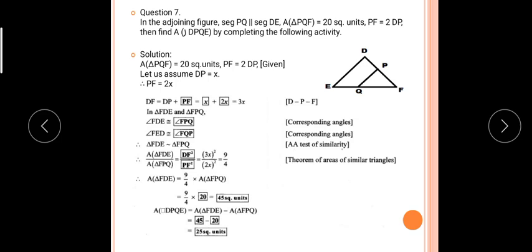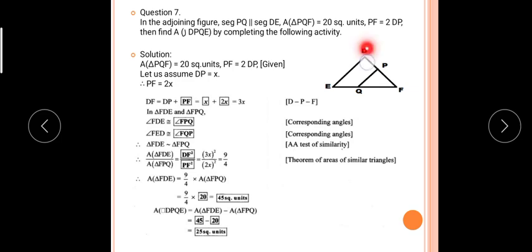Now in triangle FDE, angle FDE is equal to angle FPQ. Why? Because they are corresponding angles. Listen, DE is parallel to PQ, and therefore angle D and angle P are congruent to each other by corresponding angles.